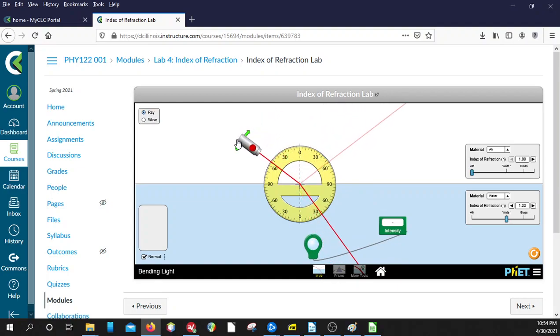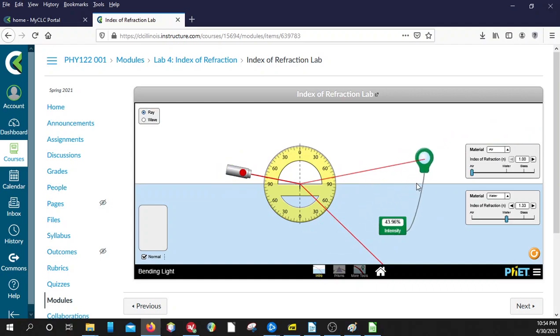And then let's look at a much steeper angle. Here we're getting very significant reflection, let's say 44%, and then this will be around 56. But again, that's not something we're actually going to use in this lab, so we can put that back.